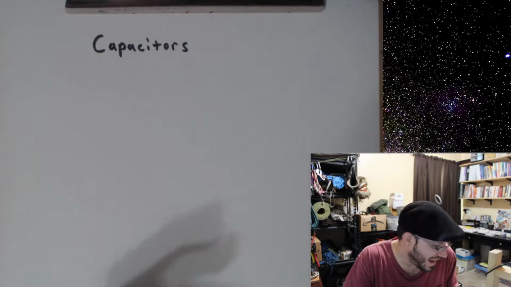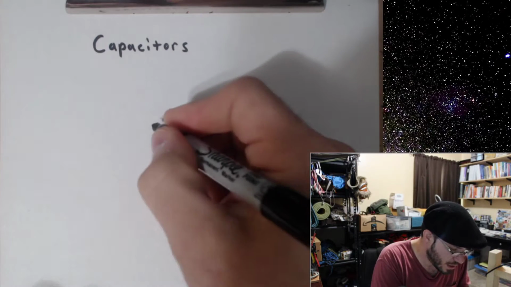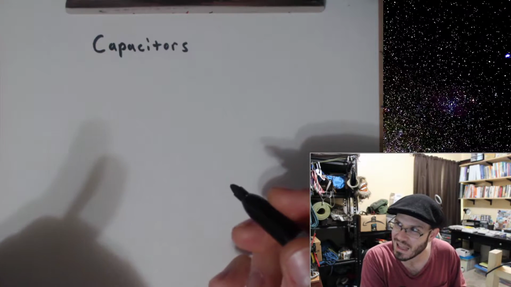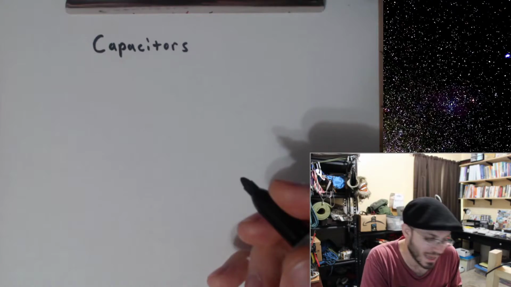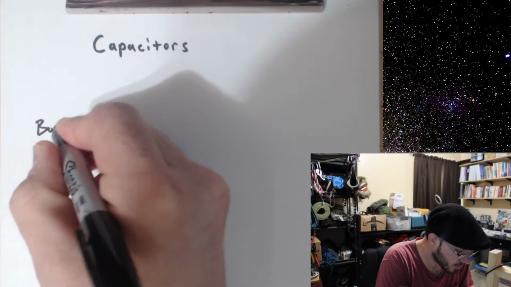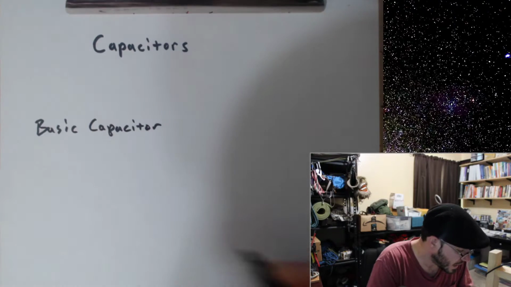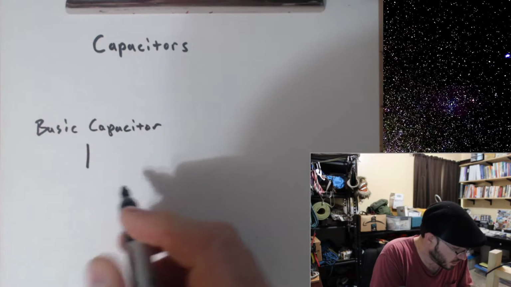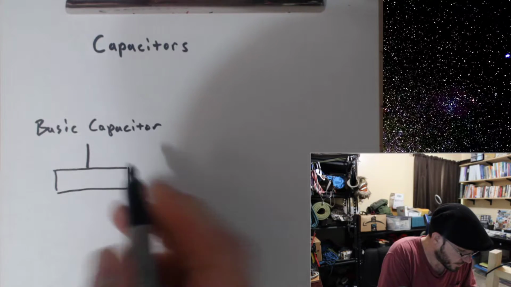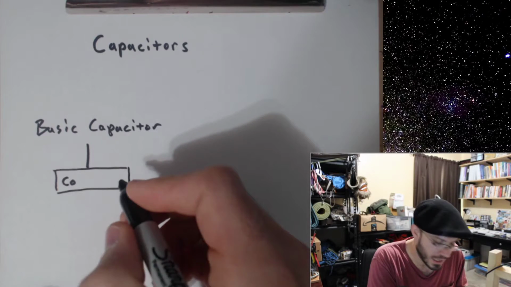If you look at the basic construction of a capacitor, you form one by having two conductors separated by an insulator, which we're going to call a dielectric. So if you look at any basic capacitor, we have one terminal which connects to a conductive plate.